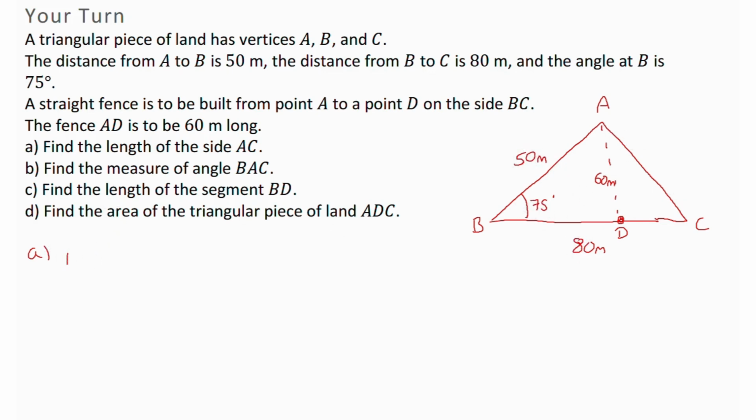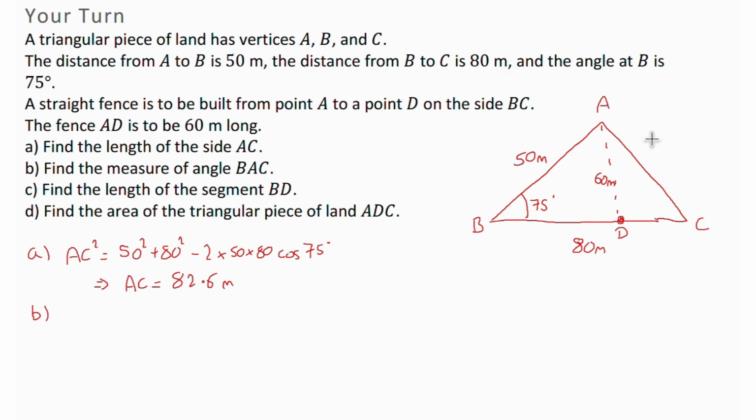AC squared is going to be equal to 50 squared plus 80 squared minus 2 lots of 50 times 80 times cos of 75 degrees. And when we work that out and square root it, we get AC is equal to 82.6 meters.